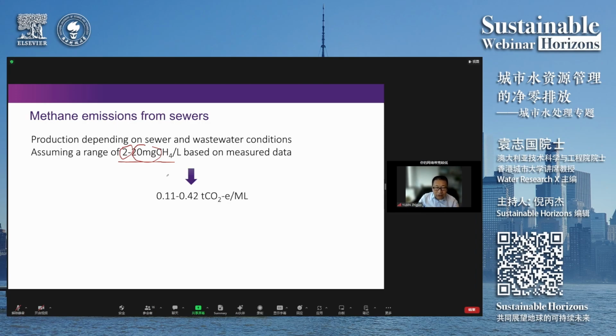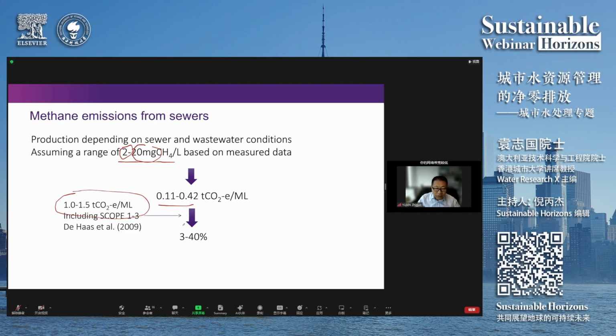If we convert that to CO2 equivalent, that's 0.1 to 0.4 tons of CO2 per megaliter of wastewater. Then if we look at typical CO2 emissions from a wastewater treatment plant, 1 to 1.5 tons of CO2 per megaliter of water, that means the methane emissions would contribute 3 to 40%. So from relatively a small contribution to a substantial contribution.